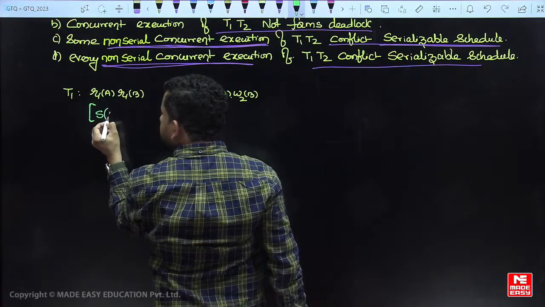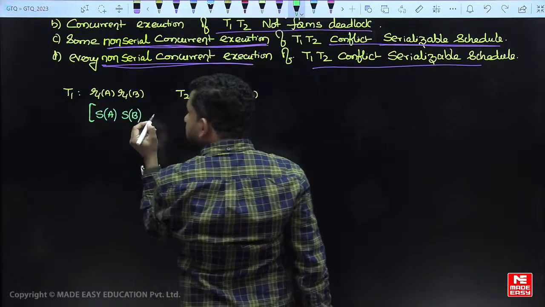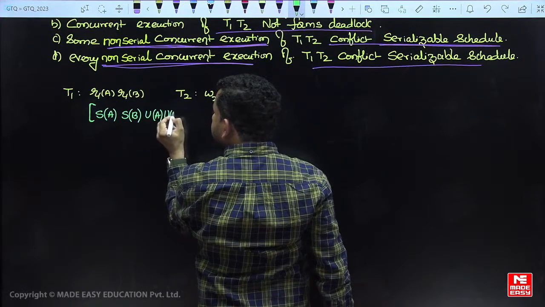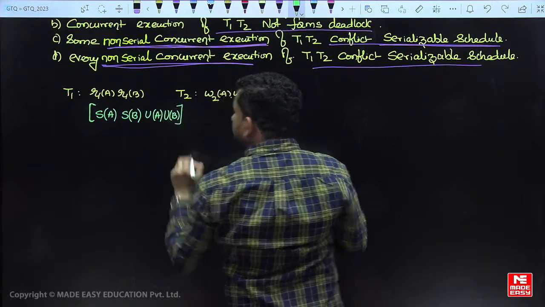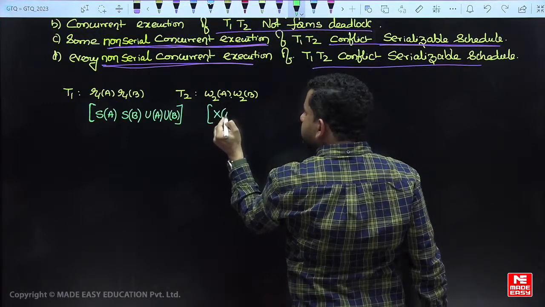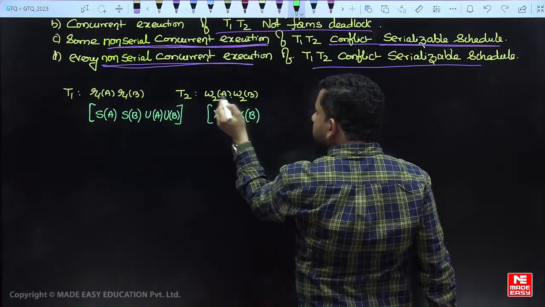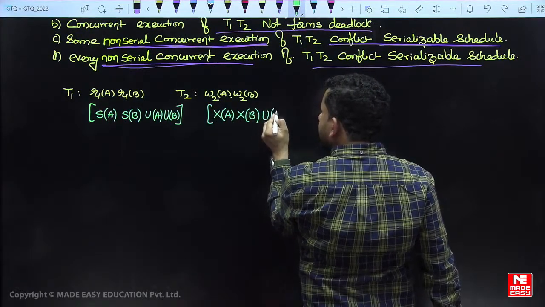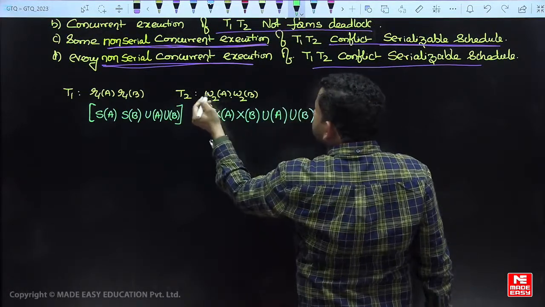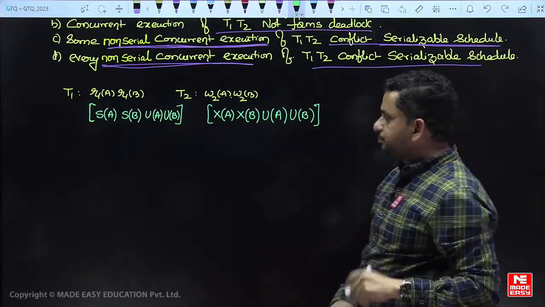T1 should lock A and lock B. After all the locks, only then is it allowed to unlock, unlock A and unlock B. This T2 also should lock A in exclusive mode and lock B in exclusive mode because of the write operation. Only then is it allowed to unlock A and unlock B. And in between, of course, write A, write B should be performed. Okay, so this is the sequence.